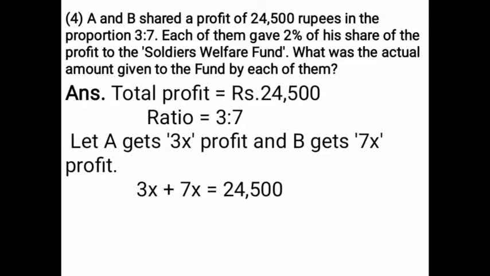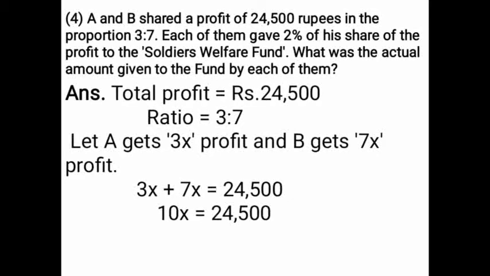Add 3x plus 7x. You have the same variable x of both the number. Like terms are same. You can't add the variable. You have to add only the number. 3x plus 7x is 10x is equal to 24,500. You have to find the value of x.